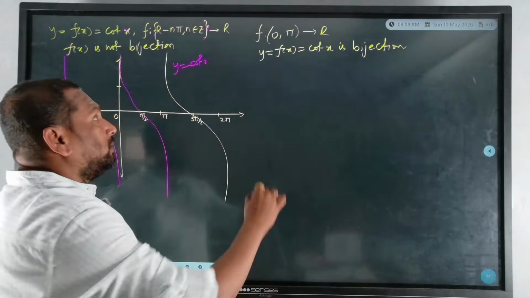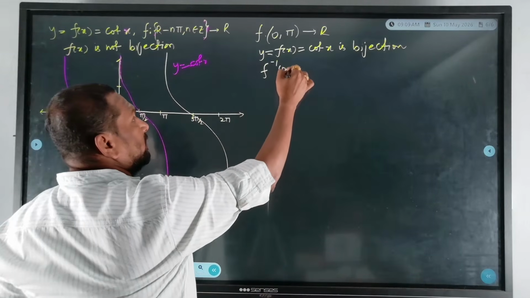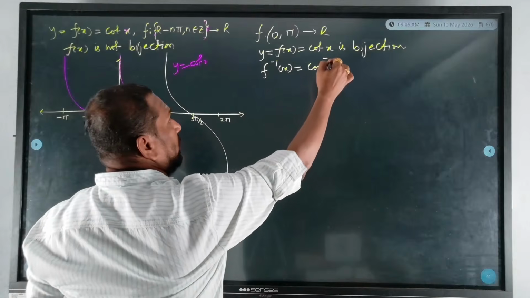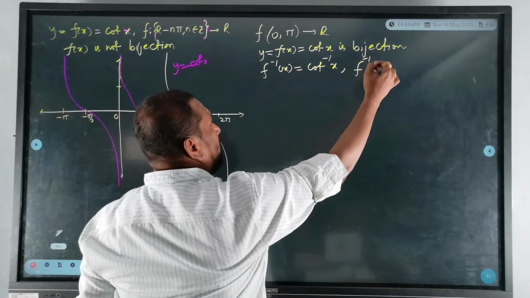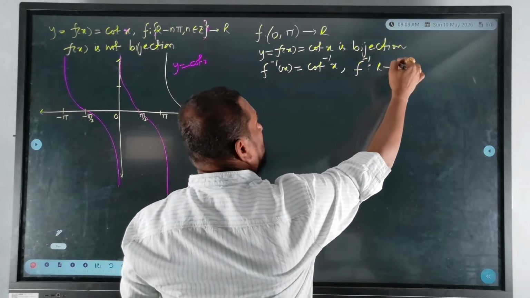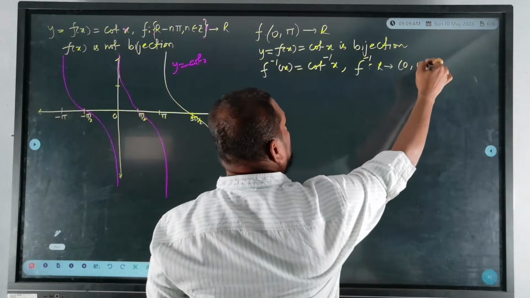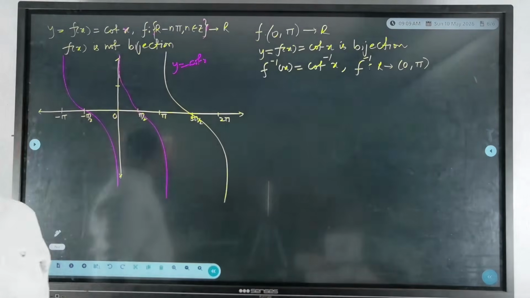So f inverse of x is equal to cot inverse x, and f inverse maps from R to open 0 to pi.